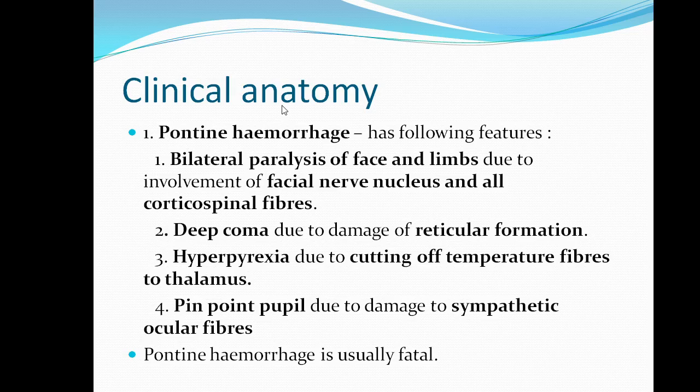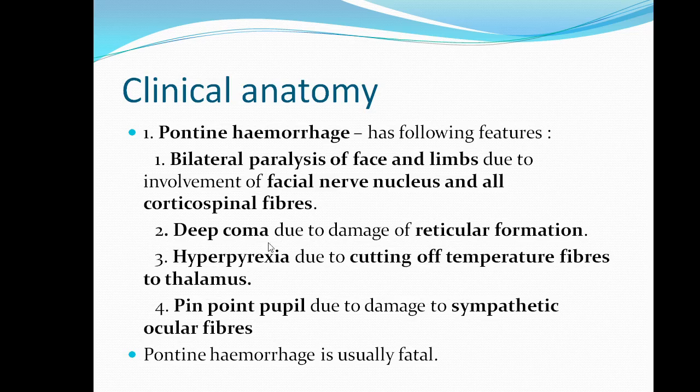Clinical anatomy. Number one, and most important, is the pontine hemorrhage. It has the following features. It is bilateral. It presents with bilateral paralysis of face and limbs due to the involvement of facial nerve nucleus and all corticospinal fibers.